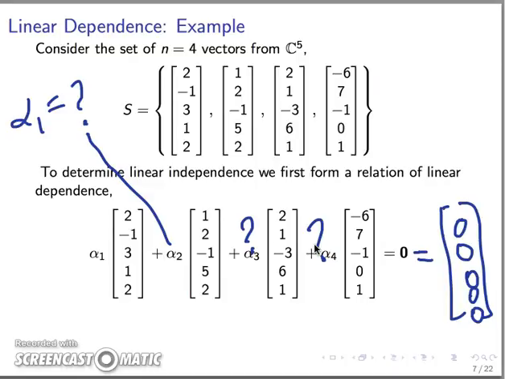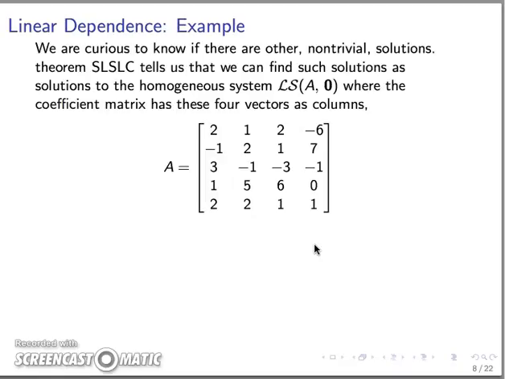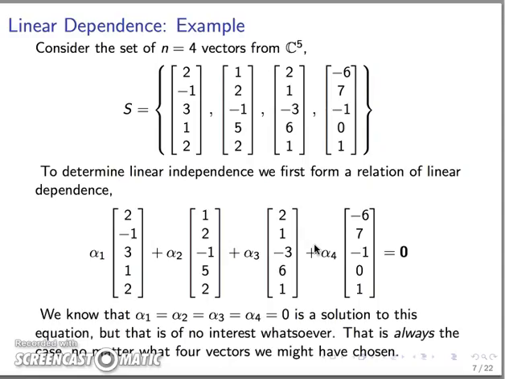As we formulate this as a homogeneous system of equations, first we note that, because this is a homogeneous system of equations, the trivial solution always does the trick. If you let the scalars all be zero, indeed this will be satisfied, but is it possible for other non-trivial solutions to exist?